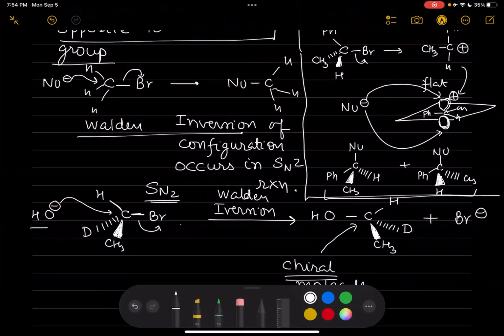These are two mirror image isomers. So these are the models, and you can see them.